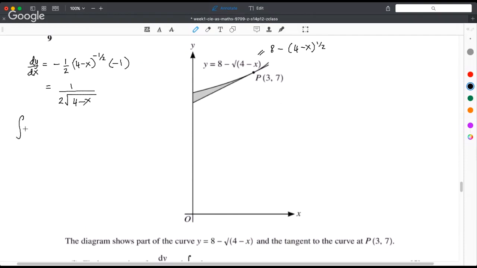And now they want us to integrate y dx. Well, that's going to be the integral of 8 minus (4 minus x) to the 1/2 dx. So the first term is obviously just 8x, no problem. The second term, you just have to think of what would have given you that term had you differentiated it. So we know that this thing would have started as (4 minus x) to the 3/2.